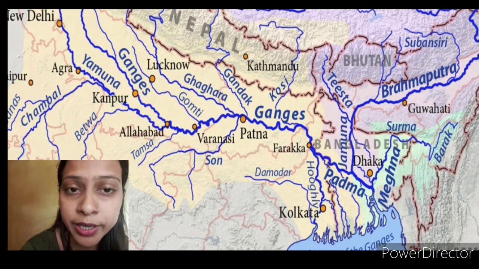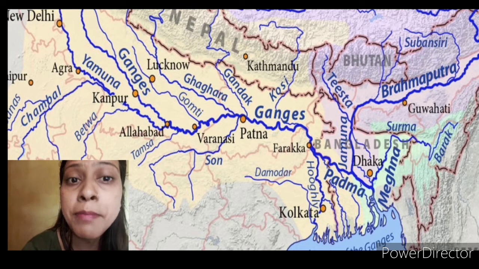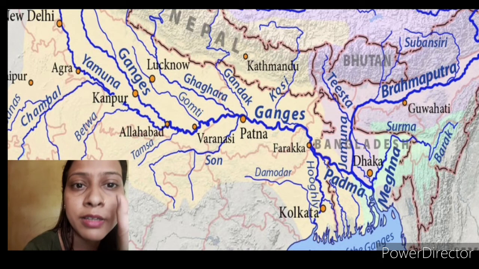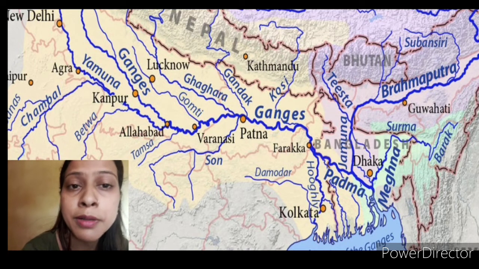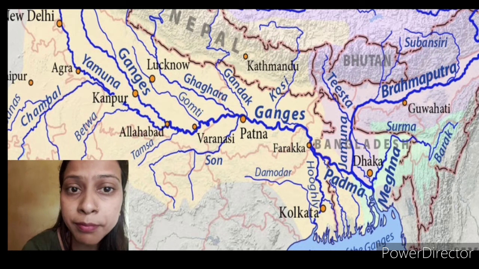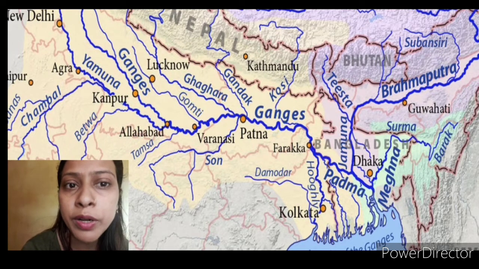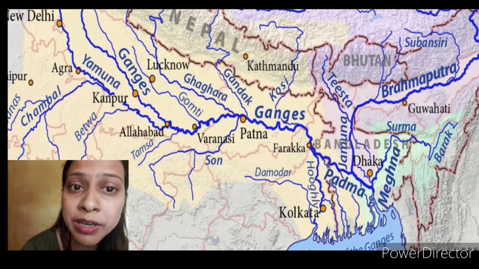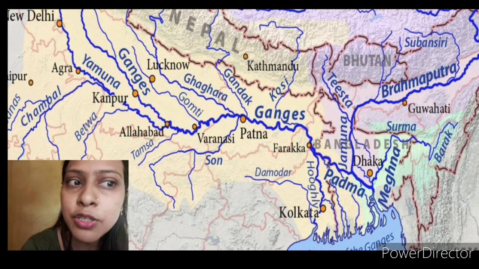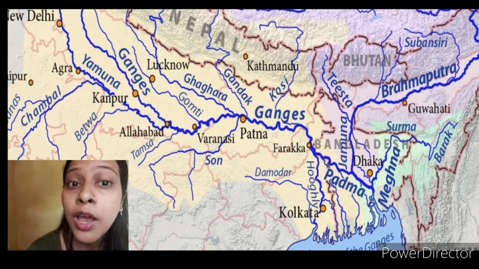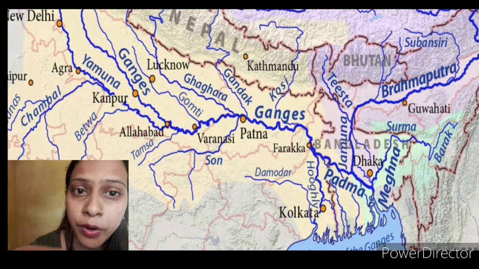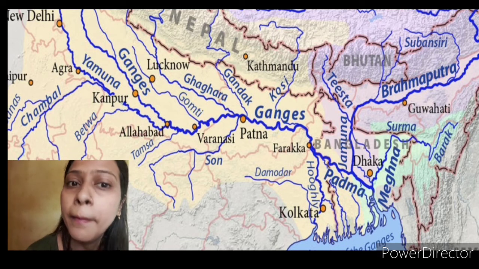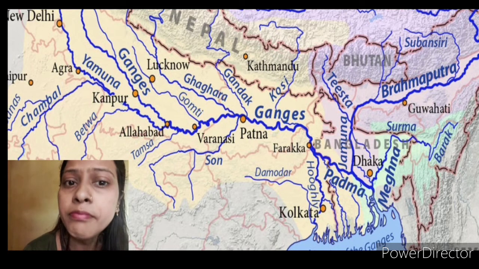After joining in Bangladesh, when the water of Brahmaputra and the water of Ganga meet at the point and flow southward, it is known as Meghna. Both the rivers, after joining, become one, and that one river is known as Meghna in Bangladesh.